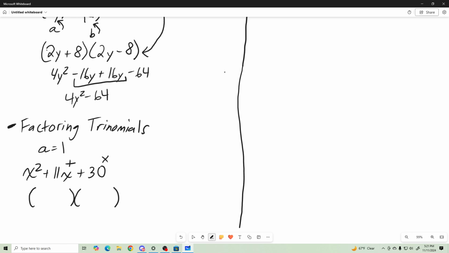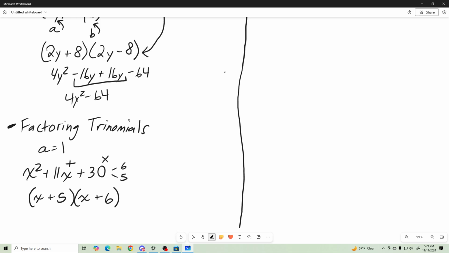So if you want to list all the factors, you can, but I know that 6 times 5 is 30, and 6 plus 5 is 11. So really all I have to do is write our x's here. And because our factors were 6 and 5, we know that this is going to be x plus 5 and x plus 6. And that's our final answer.